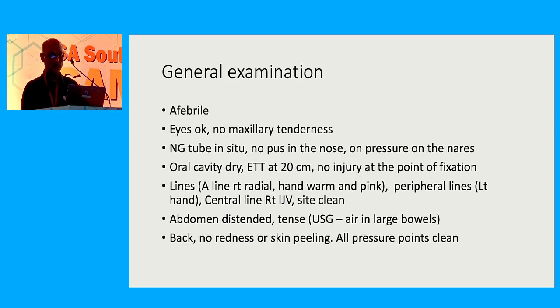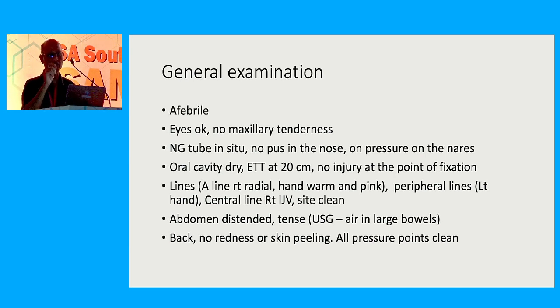Now, when we come for the rounds in the morning, the patient is afebrile, looks okay. We look at all those things: maxillary tenderness, NG tube position, there's no pus in the nose, the oral cavity looks dry, endotracheal tube. Again, every day you check the patient's endotracheal tube, see the point where you have fixed it to see if there's any skin change happening there.